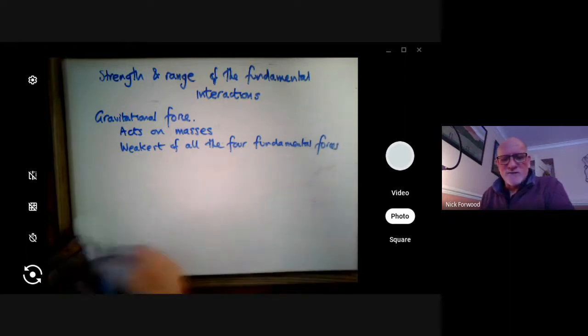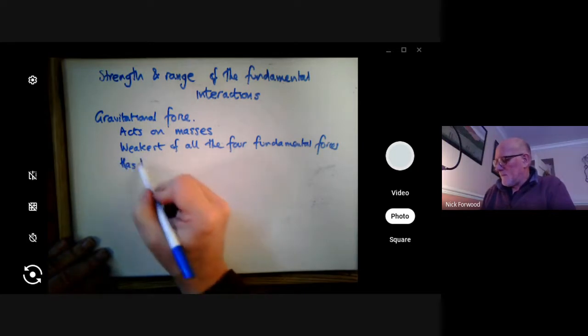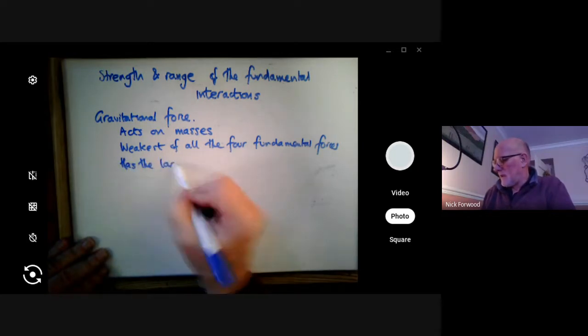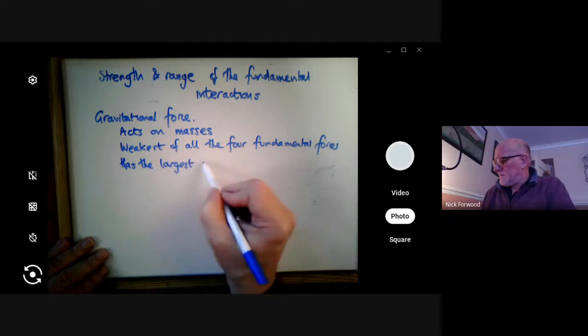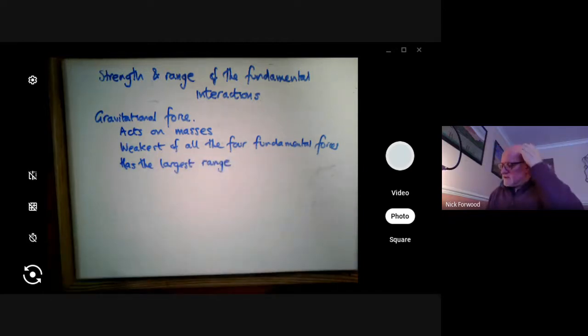But conversely, it has the largest range. Now, when I say it has the largest range, gravity can work over hundreds of thousands of light years. It's gravity that holds together our Milky Way galaxy, which is about 100,000 light years across.